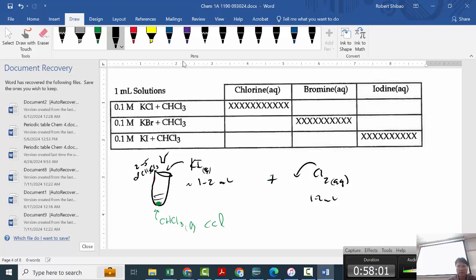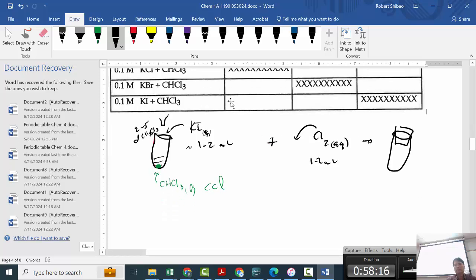Whatever you feel like is fine. Then we're going to stopper this and mix. When you stopper this, be careful because you don't want chloroform all over your finger, so you've got to make a tight fitting stopper here.